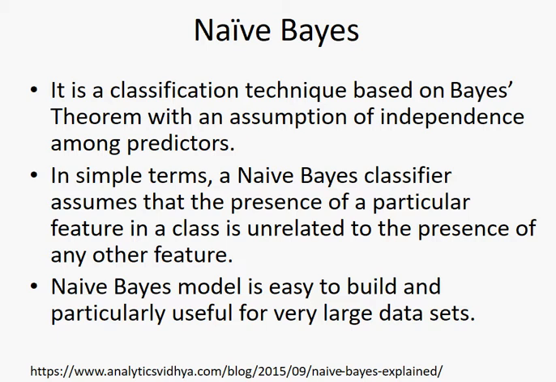So in simple terms, the naive Bayes classifier assumes that the presence of a particular feature in a class is unrelated to the presence of any of the other features. It's a very easy model to build, and it's particularly useful when you have large or very large data sets.